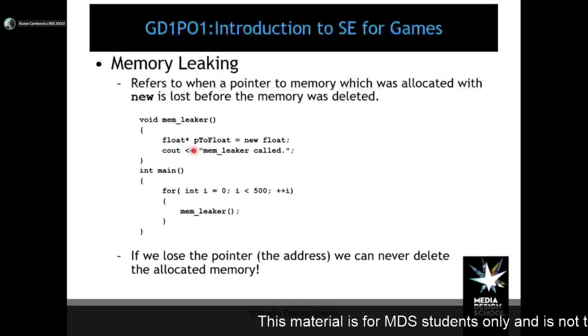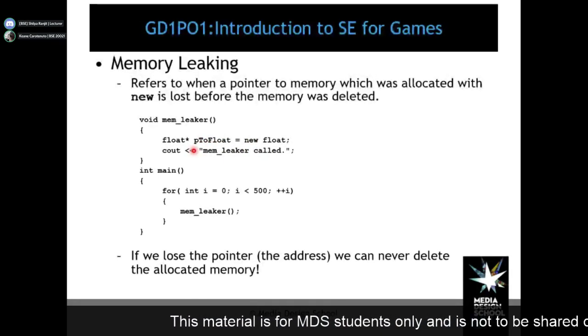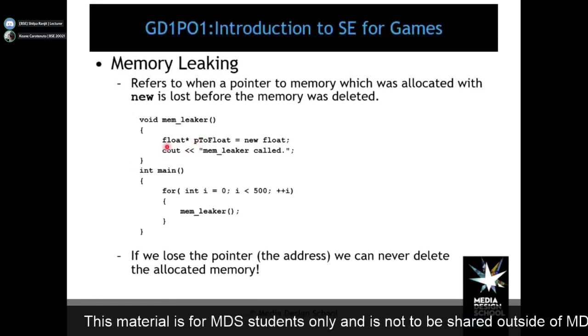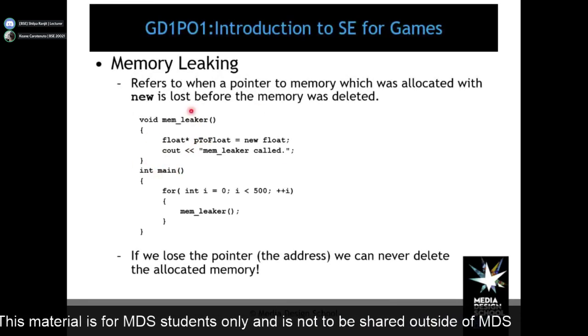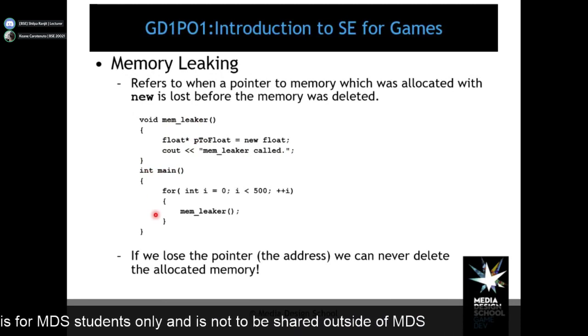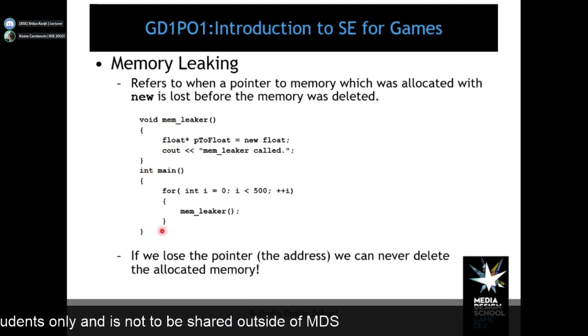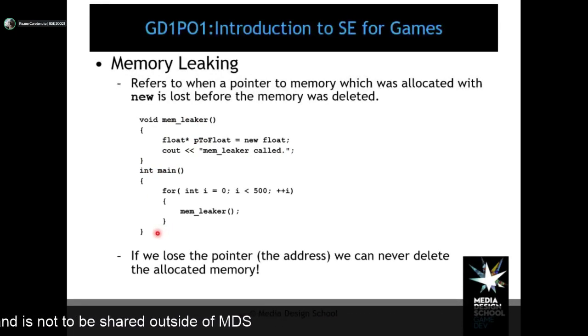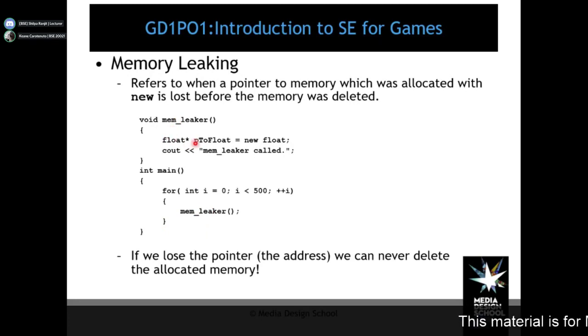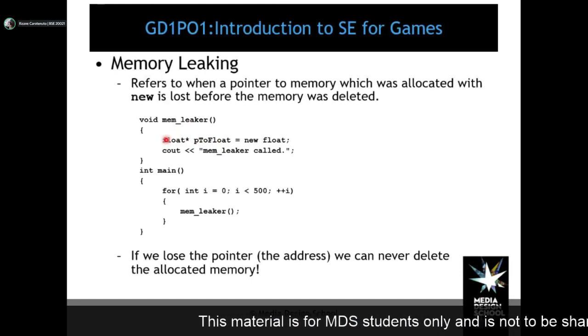Since we have lost the pointer, we can only access it from this particular function. We will not be able to deallocate it from the main, because if you come to main and say p2 float, main does not know what p2 float is, because p2 float only exists inside the mem leaker function. The p2 float is a local variable of mem leaker because it was created inside it.